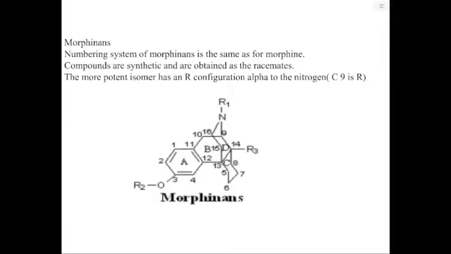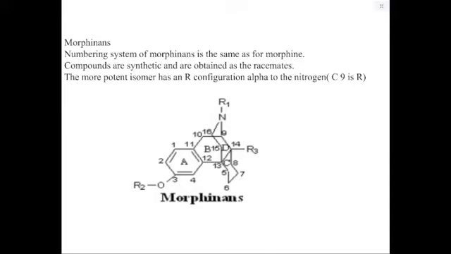The numbering system of the morphinans is the same as for morphine. Compounds are synthetic and are obtained as racemates. You see, when you synthesize compounds, it is very, very hard for you to get a pure isomer. So normally you will synthesize a mixture of the dextro and levo isomer. And when you get that mixture, that is what you are calling the racemate. The more potent isomer, again, has an R configuration, alpha to the nitrogen.